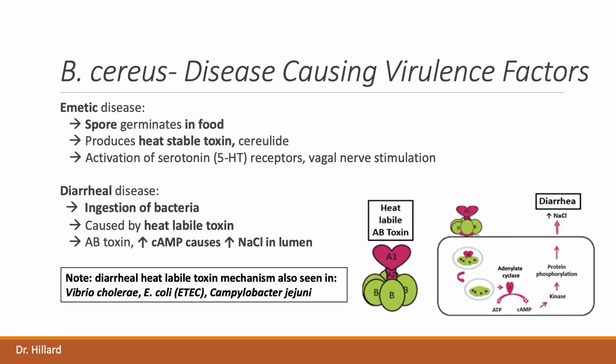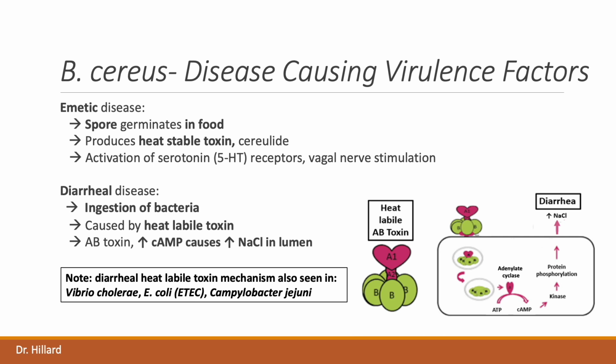The emetic disease, characterized by nausea and vomiting, is caused by ingestion of a heat-stable toxin called cereulide, which is produced by Bacillus cereus in food. Although cooking can kill the bacteria, remember the spore form is heat resistant, so reheated foods can still be contaminated with viable spores, which can give rise to toxin-producing Bacillus cereus.